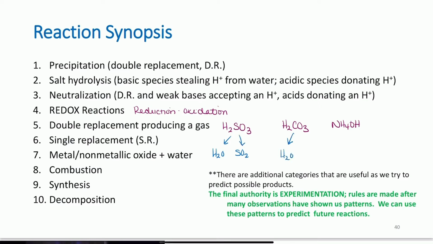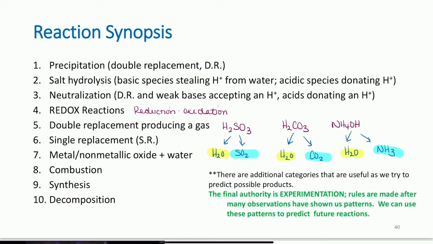H2CO3, water and CO2, and NH4OH, water and NH3. So you see the pattern here. They're all producing water, but then the other thing they produce, SO2, CO2, and NH3, ammonia, these are all gases.